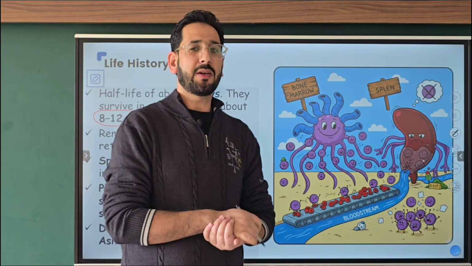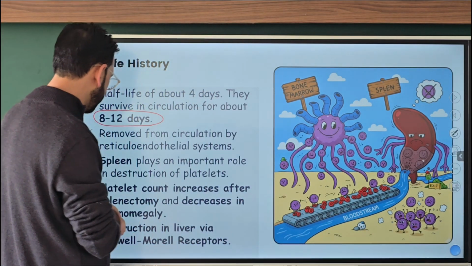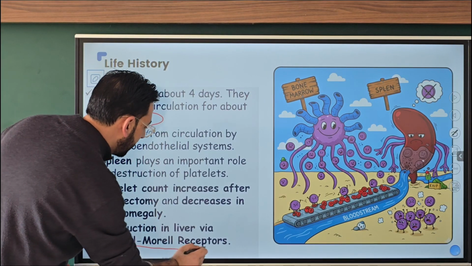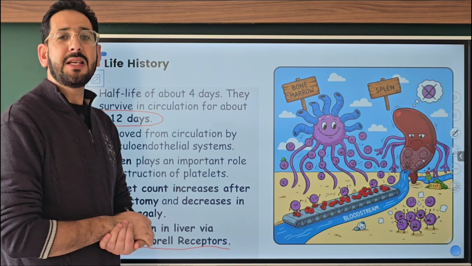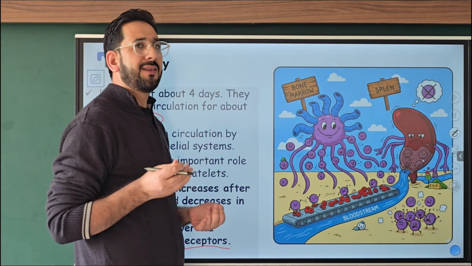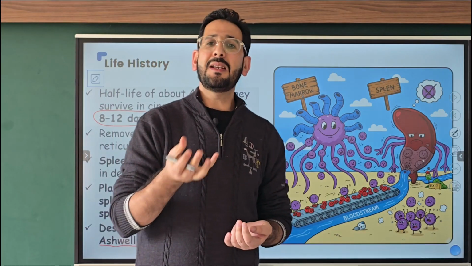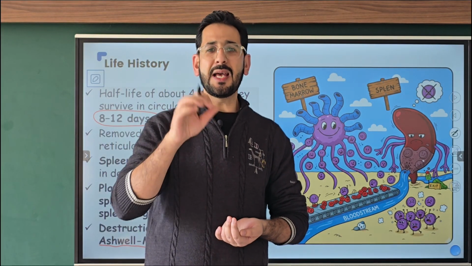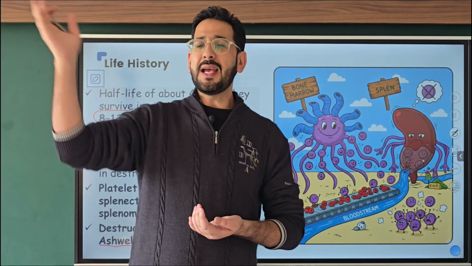But one more important mechanism we have to talk about is destruction in the liver via the Ashwell-Morel receptors. As I told you just now, there is sialic acid giving the negative charge to the cell. Once the cell becomes old, the sialic acid goes away.